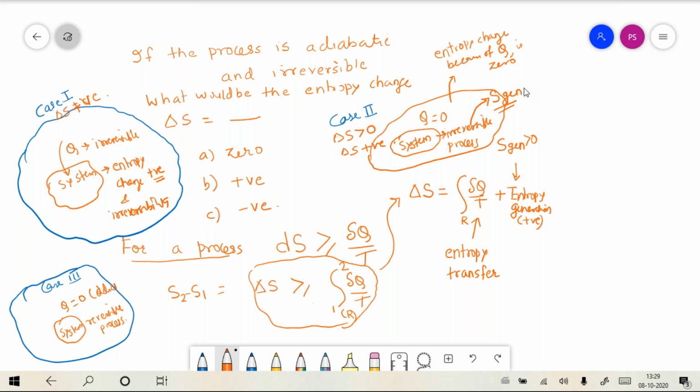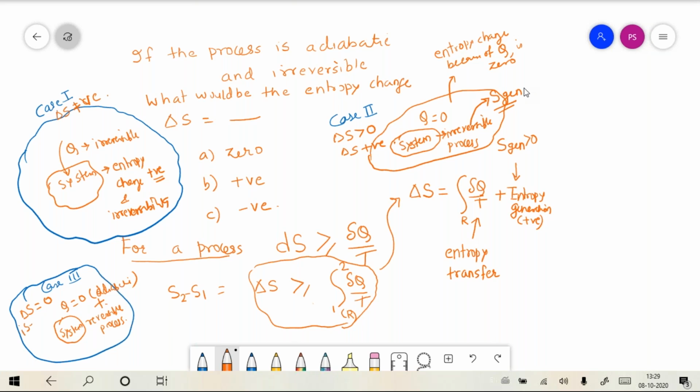In such a case, delta S has to be zero. That is, entropy is constant. So it is isentropic. So case 3 is an isentropic process, because in this case there is no heat transfer and hence there is no entropy transfer.